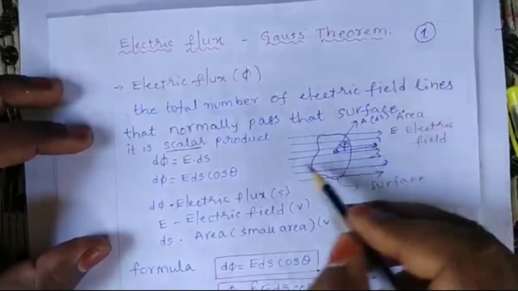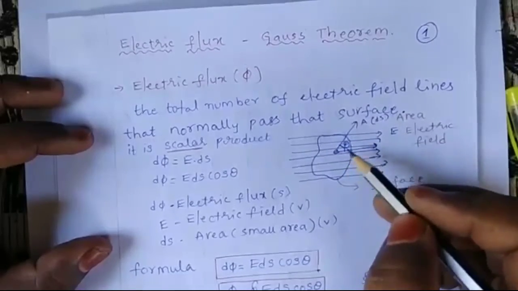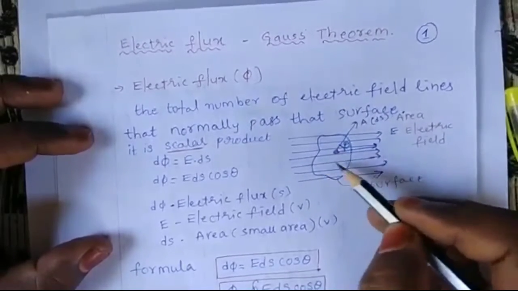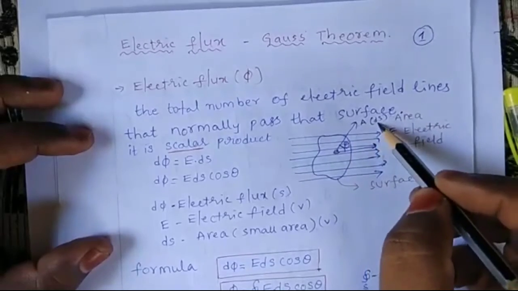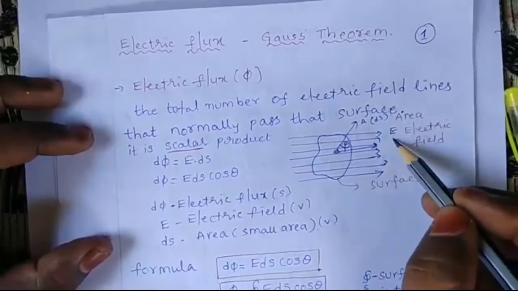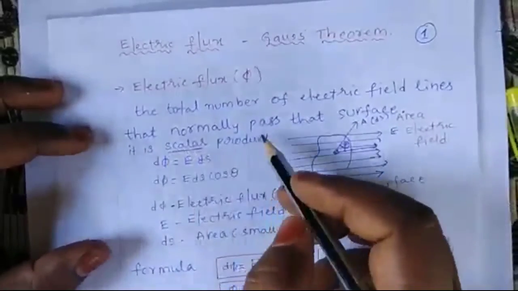The number of electric field lines passing through the surface area normally. So this is the surface, this is the normal, ds is the area vector and E is the electric field vector.